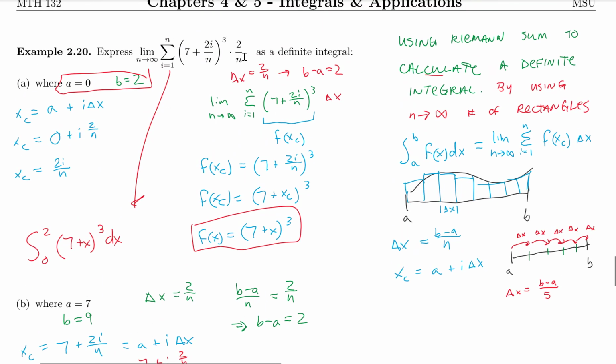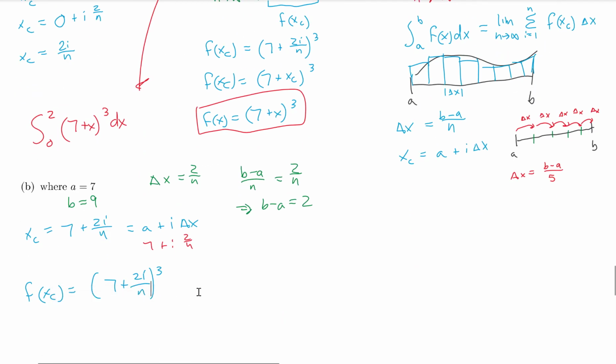Looking back up to the original problem, this is our delta x, this is our function. That's the exact same step here. Our function is the height of our rectangles. These are the widths of our rectangles. So that function is still the same. But now, notice that our f of x sub i value is just the thing that's being cubed.